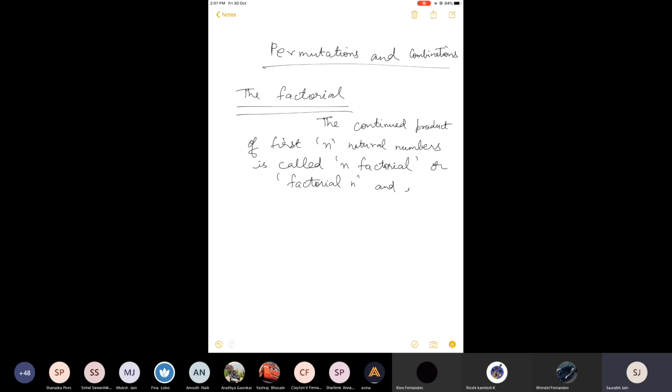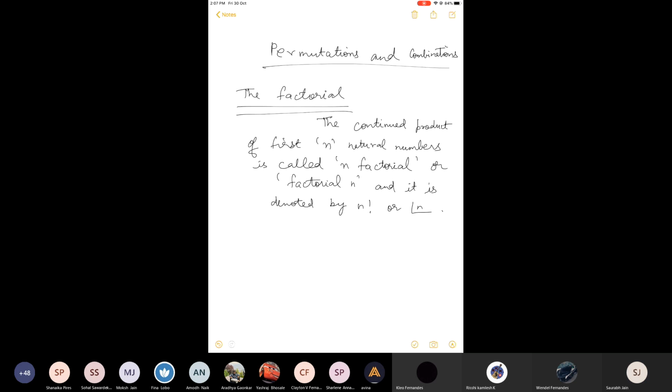And it is denoted by n followed by an exclamation mark, or we use this symbol also. It is read as n factorial or factorial n. Any of the two notations. And what is the definition? The continued product of first n natural numbers.